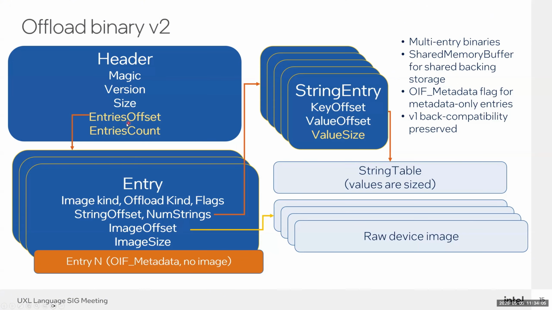It is just renaming: now it's not entry offset, but entries offset, so it assumes multiple entries now. And instead of entry size, we provide entries count. So we can write multiple entries into offload binary v2.